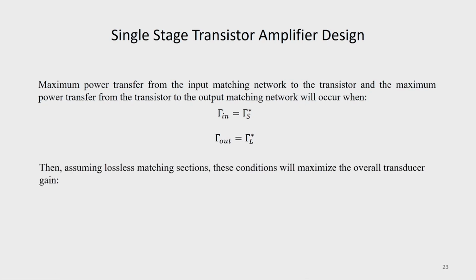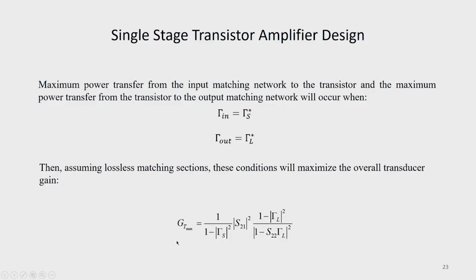We assume that the matching networks that we are designing are lossless matching networks, and with the assumption of lossless matching sections, these conditions will maximize the overall transducer gain, and we can write GT max, the maximum of the transducer gain, as 1 by 1 minus mod of gamma s square, mod of S21 square, into 1 minus mod gamma L square divided by 1 minus S22 gamma L mod square.